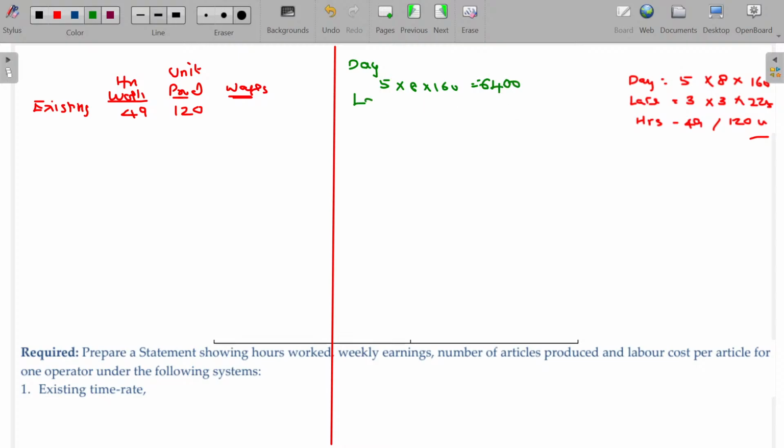And late shift. 3 late shifts, 3 hours each, 225 as it is being the overtime. What's the value? 2,025. What's the overall value? 8,425.